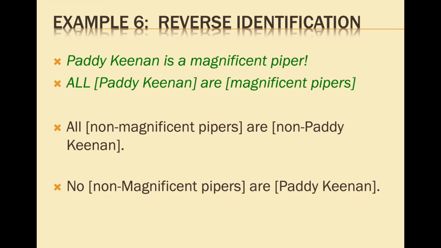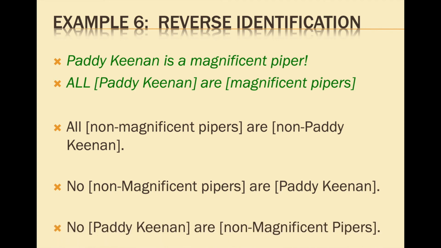It now becomes no non-magnificent pipers are Paddy Keenan, which means what we've done here is an obversion of the contraposition, not working on the original two-term statement, but on the contraposed statement. We've then obverted the contraposed statement to generate the second logically equivalent statement.